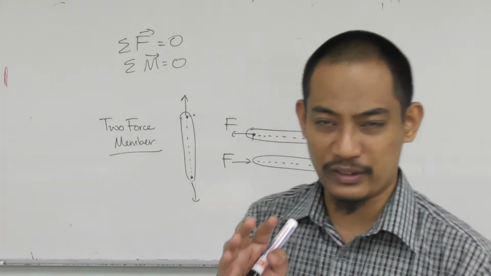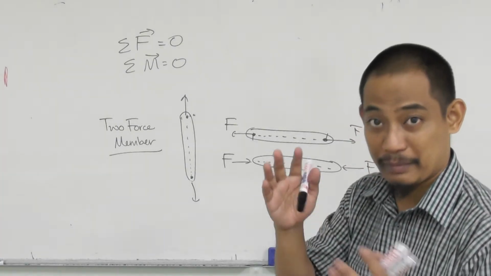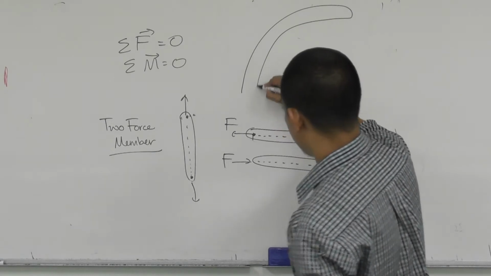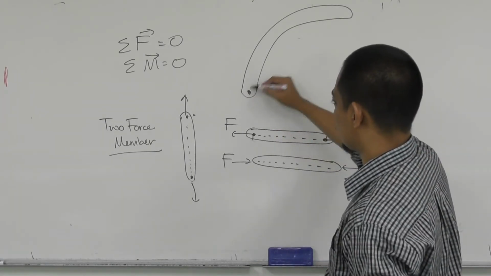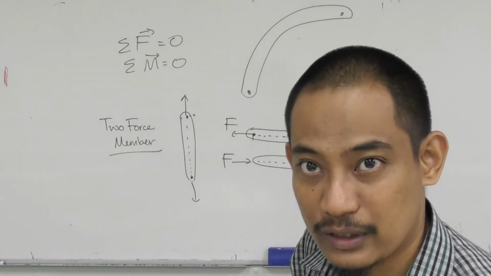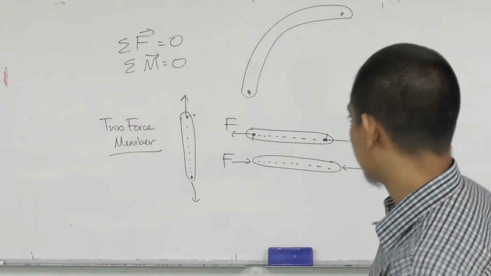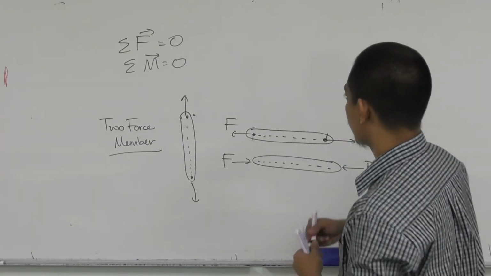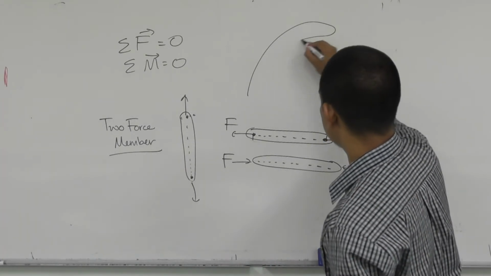And it doesn't matter what the shape of the member is. For example, if the member is something like this, and forces only act at those two points, it's already going out of the screen, so I'll just shorten this a bit.